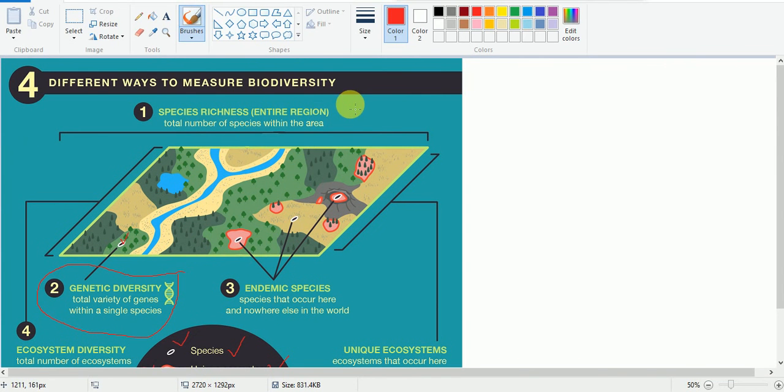Species richness means the total number of species within an area. So within this particular area, see, this is the boundary. Within this area, how many species are there? That is known as species diversity.